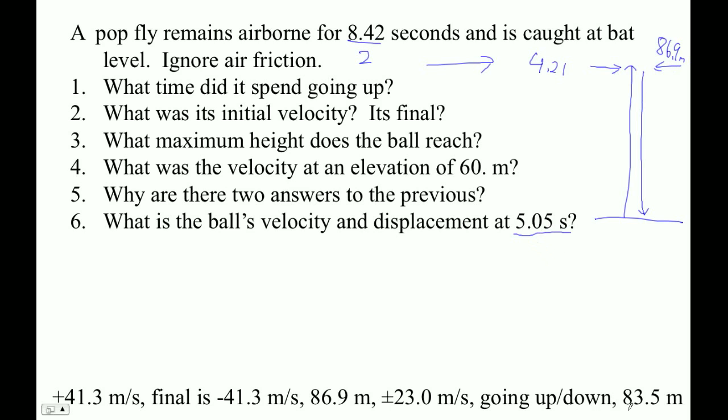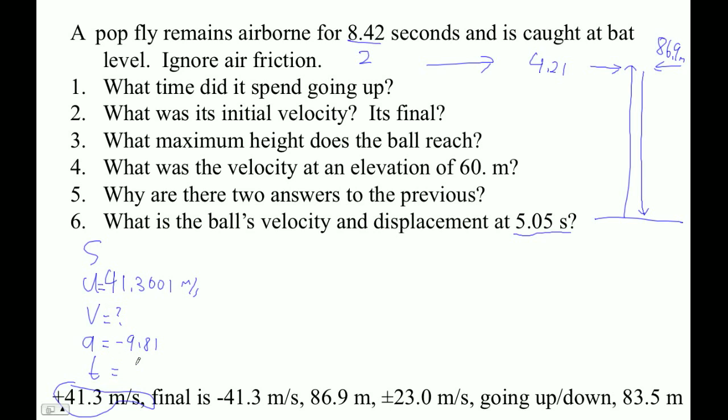So let's figure this out. We don't have the answer to the velocity yet, so we'll figure it out. Our initial velocity is just this guy here, 41.3001 meters per second. Our final is what we're trying to figure out. The acceleration is negative 9.81 meters per second squared.